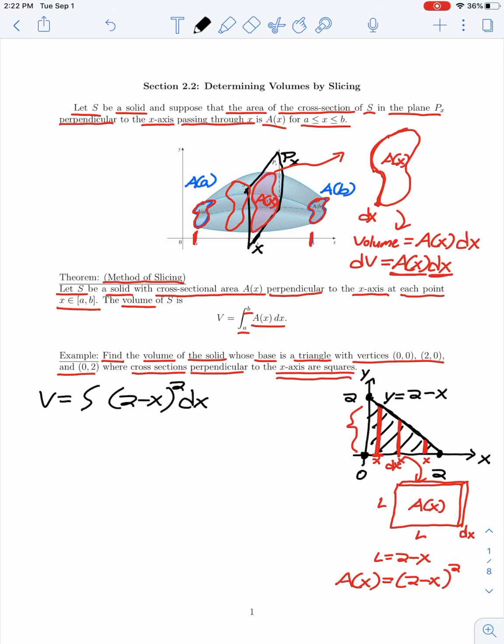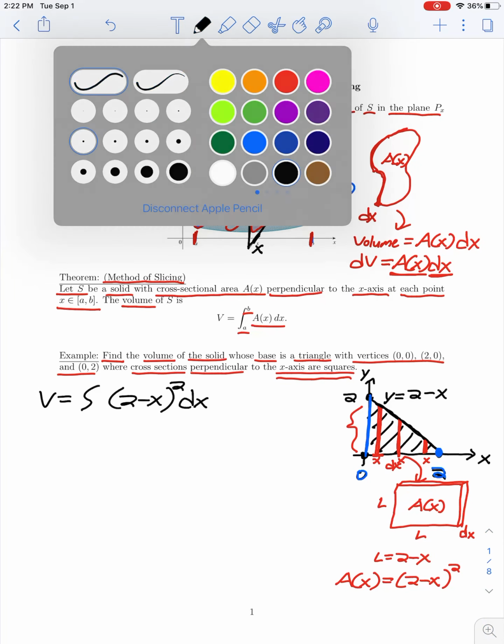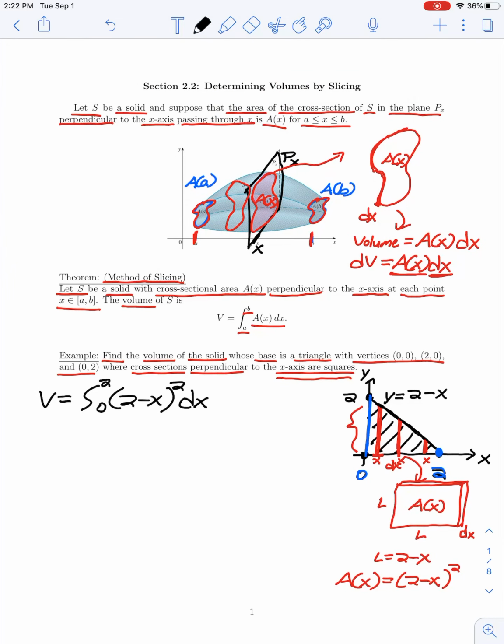So let's think about where I'm integrating from. My base of the solid starts at this edge where x was equal to 0, and I can take slices all the way up to this right-hand edge where x was equal to 2. So I'm going to be integrating from 0 to 2 here.